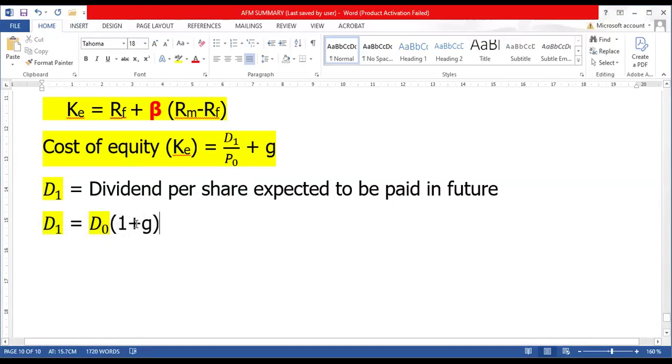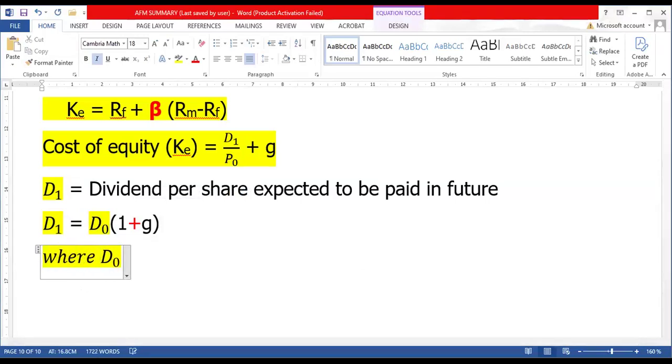It's not a minus. Don't put a minus, guys. What is D naught? This is the dividend that has just been paid. I know that someone in his mind or her mind is saying now it is becoming too hard. No, these things are not hard.